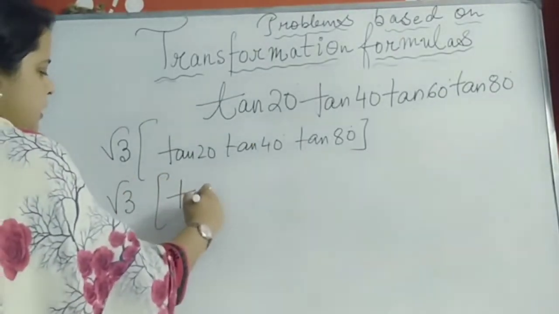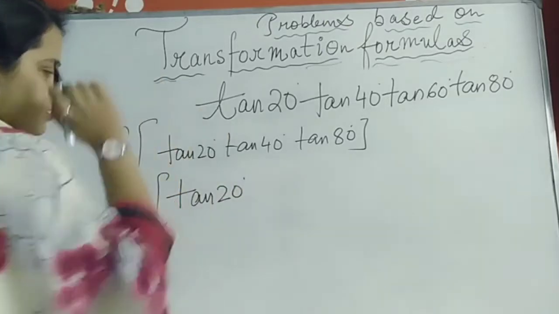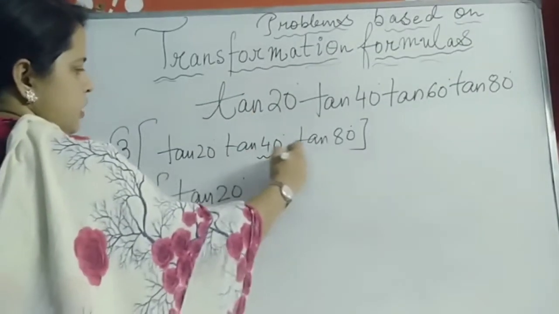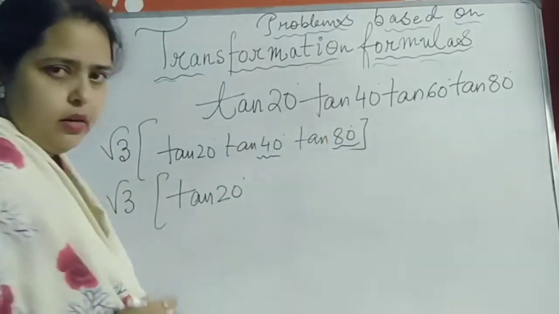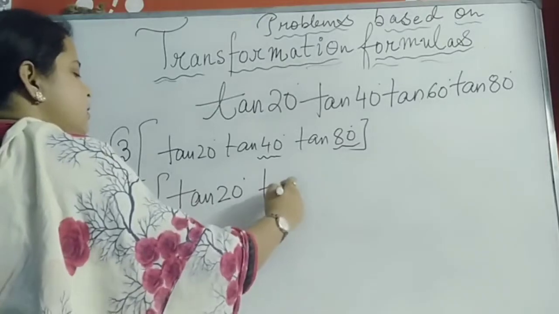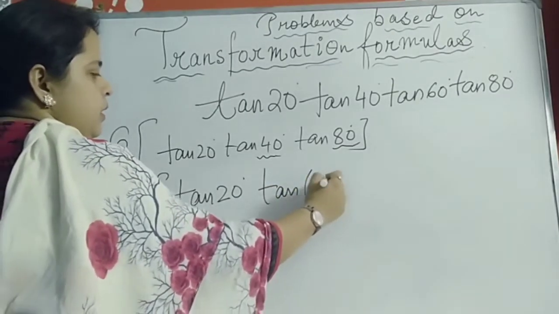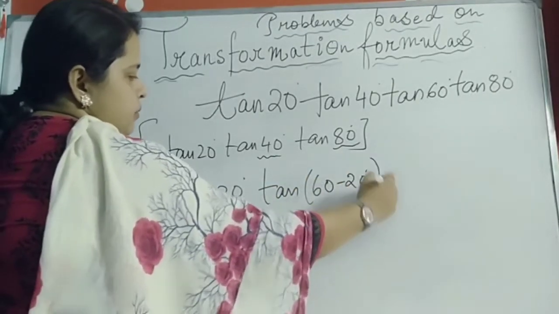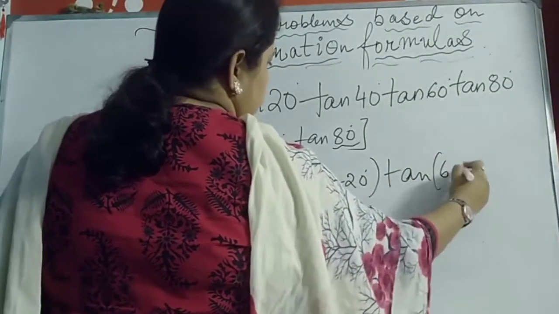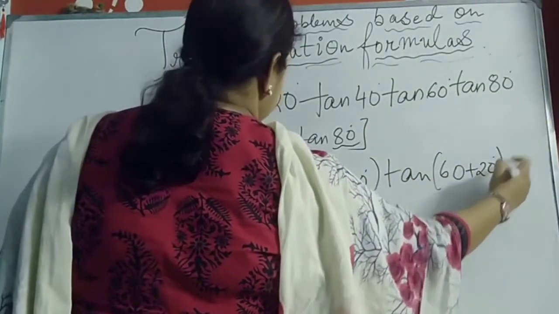Here, this is tan 20. Keep it as it is. Can you reduce this 40 and 60 in terms of tan 20 and take the help of a known angle, that is say 60? See what I am doing.